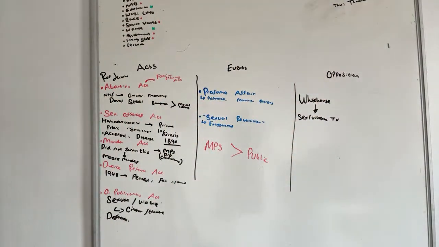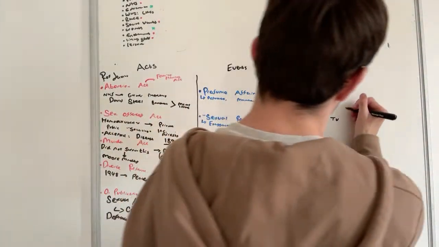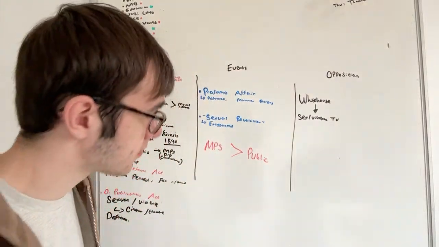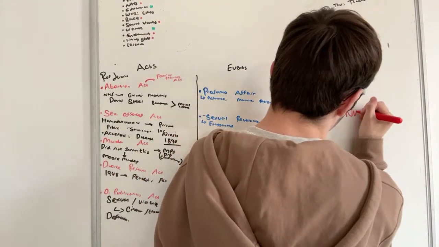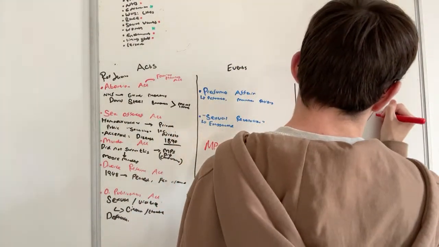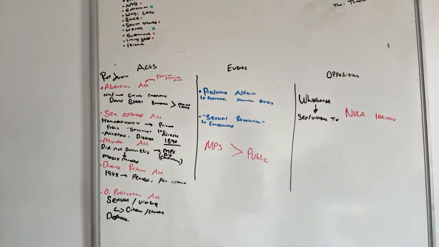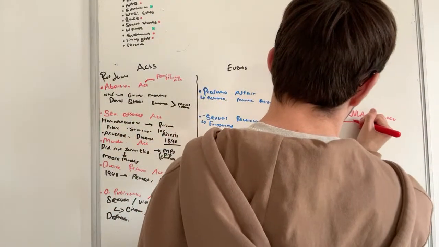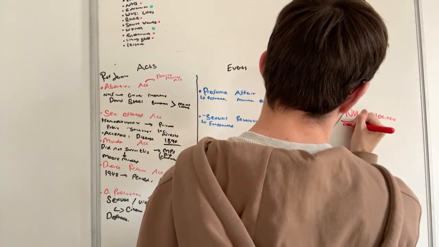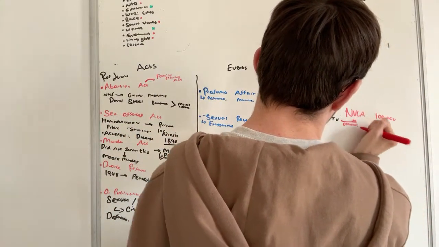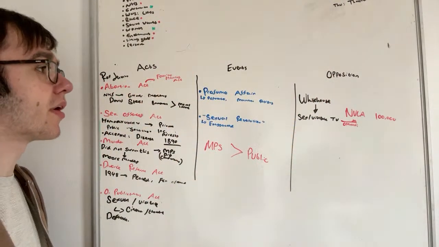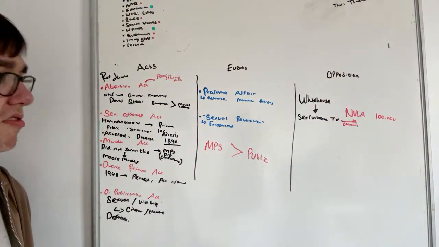She created the NVLA, that's a complicated name, which had, I think, 100,000 members who opposed sex and violence on TV, so heavy opposition.